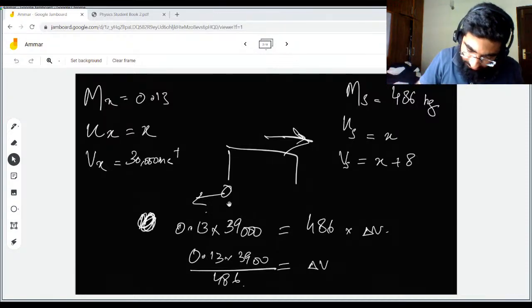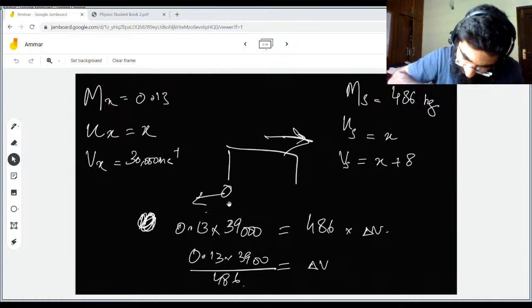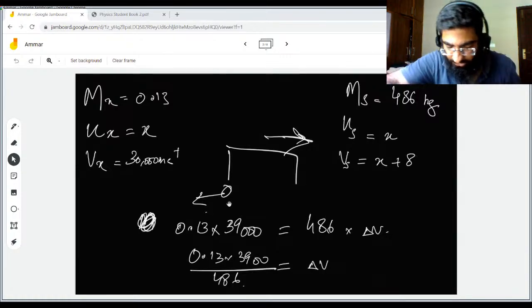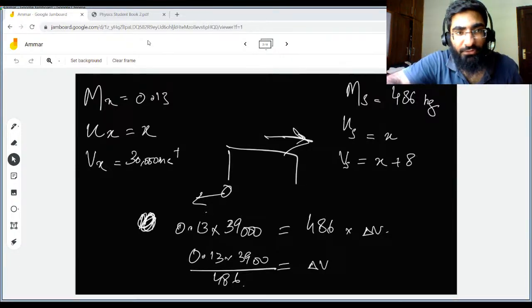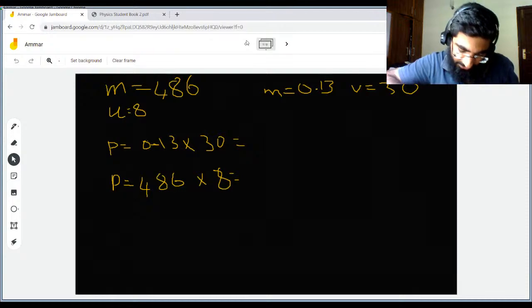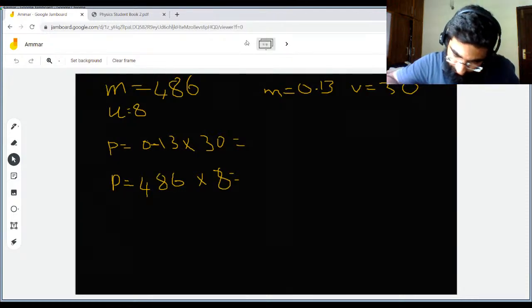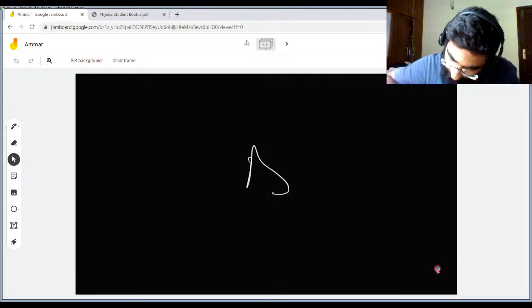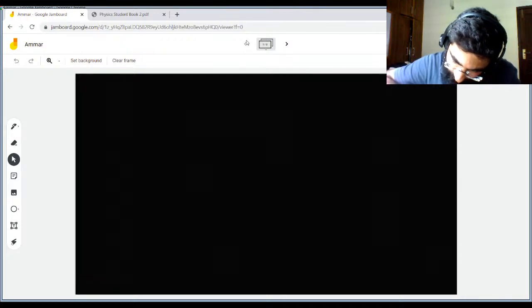Again, I'll explain it again. Wait, let me do it on slide 1 now. The spacecraft is moving with a constant velocity. Is there a change in momentum?